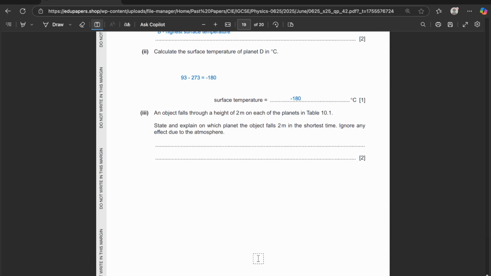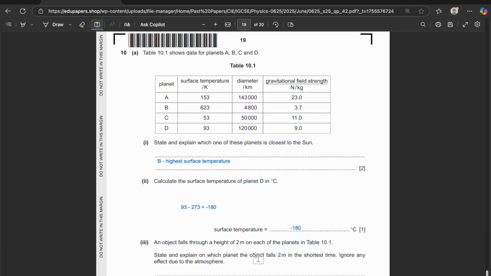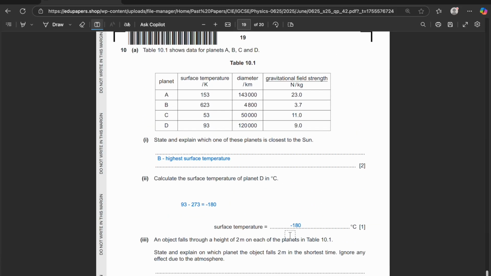An object falls through a height of 2 meters on each of the planets in table 10.1. State and explain on which planet the object falls 2 meters in the shortest time. Ignore any effect due to the atmosphere. So gravitational field strength is the one that will cause the acceleration. So it will pull the object. So if the strength is higher, then the time will be shortest.